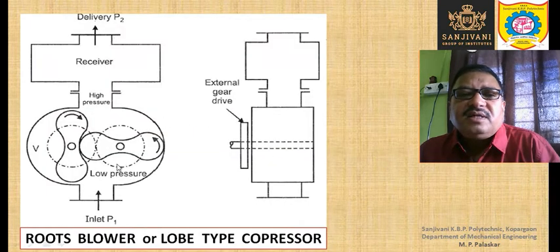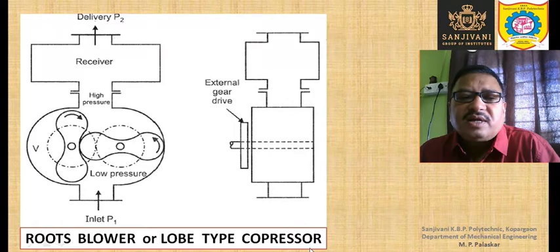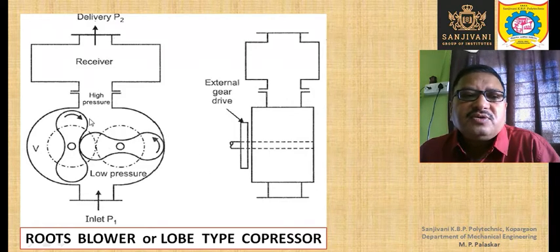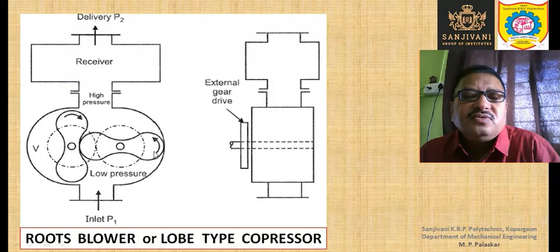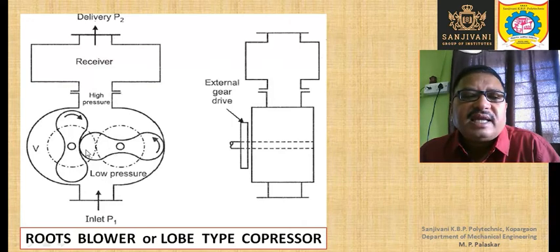Now this is also one more figure of the Roots blower or lobe type compressor. This figure is easier, you can draw this figure in the examination. Here this is the inlet and this is the outlet, and these are the two rotors. This is rotor 1, rotor 2, and each rotor is having two lobes.